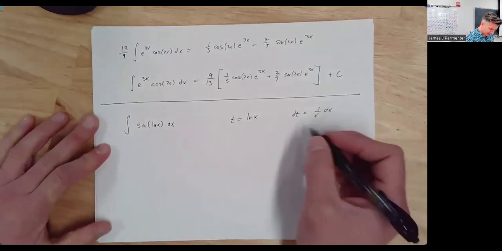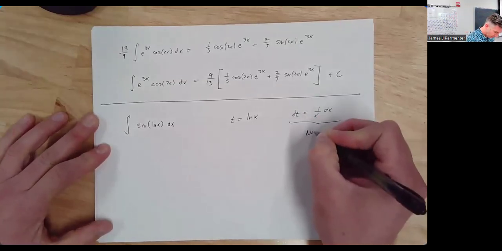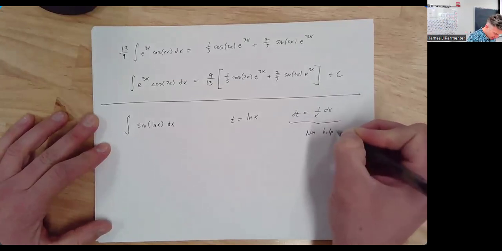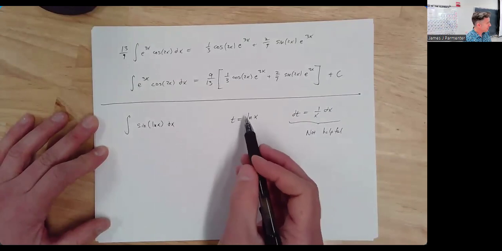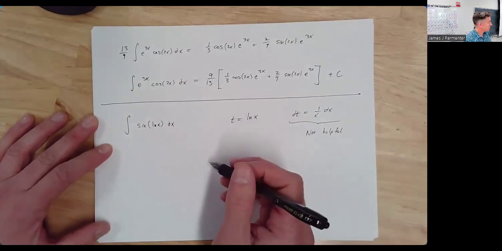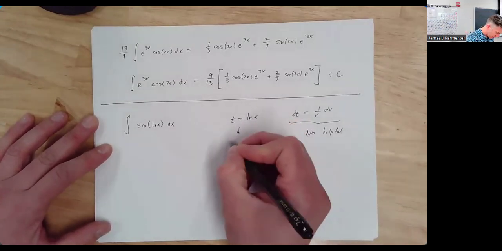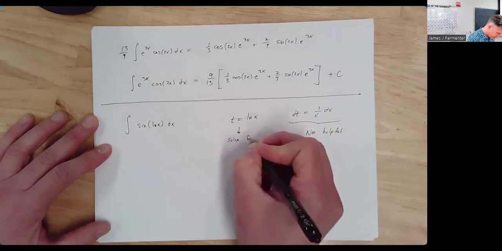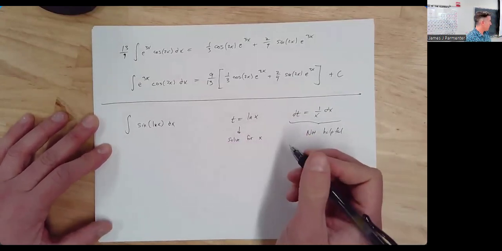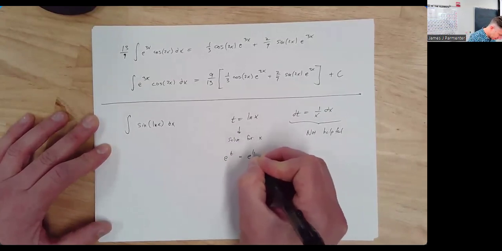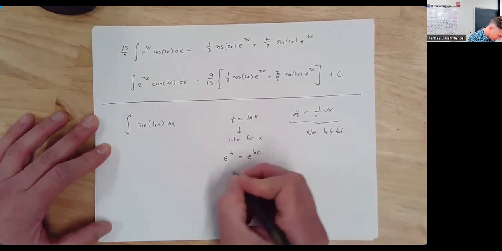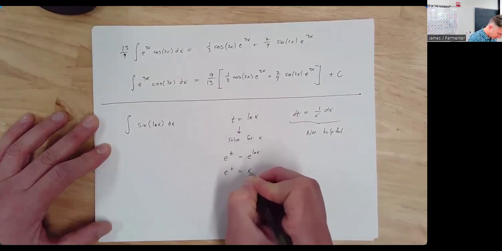If I see that my dt is not helpful, or my du is not helpful, I go back and look at my u sub, and I solve for x. So solve this for x, in this case by raising both sides as powers of e. I'm going to write this as e to the t equal to e to the natural log of x, which just becomes e to the t equal to x.